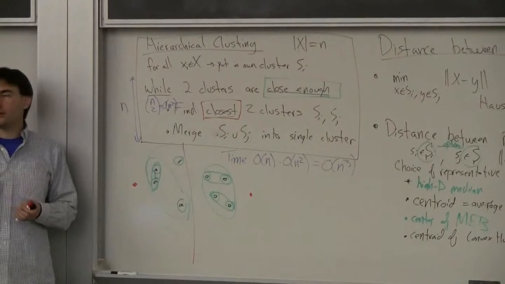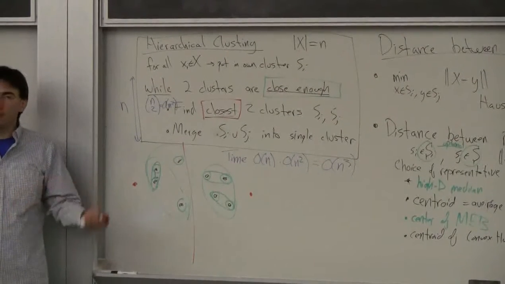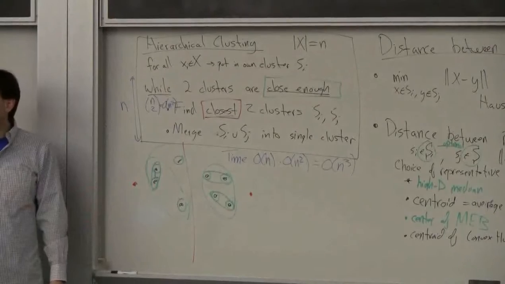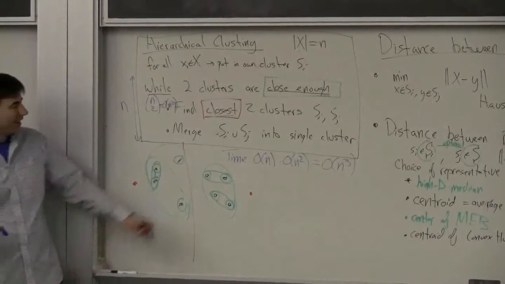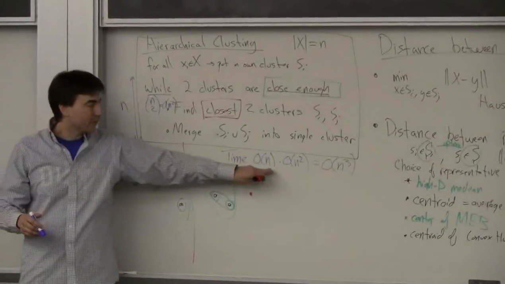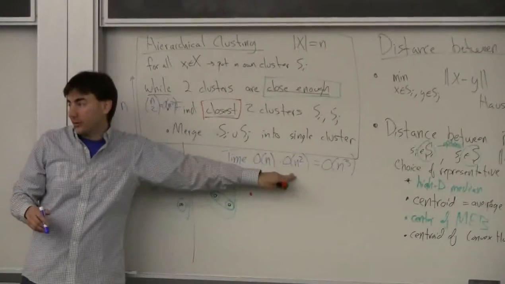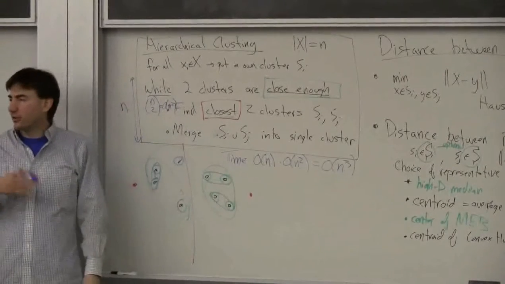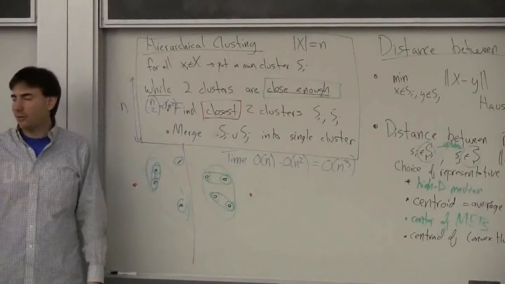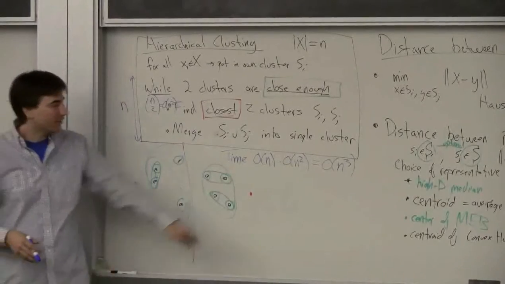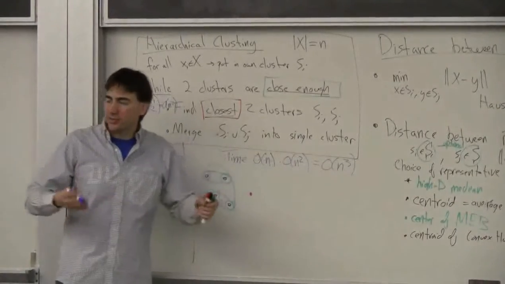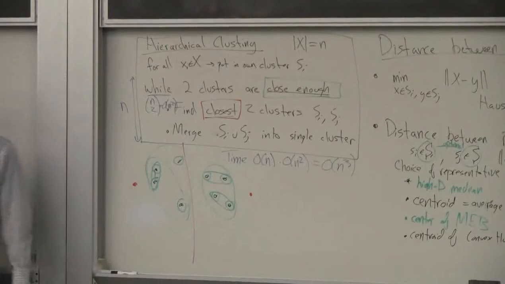I need to find all pairs of those, and there's going to be roughly n over 4 pairs. So it's going to be at least n cubed over 8. And that's only the first half of the algorithm, but the second half should take less. But that's still n cubed. So it's still a pretty slow algorithm.